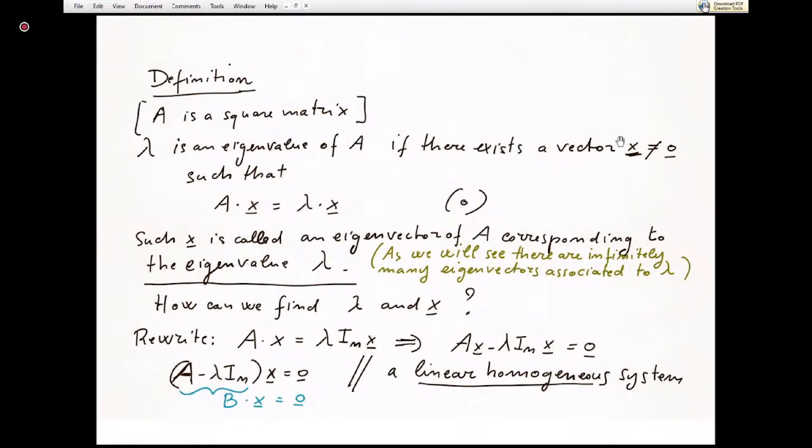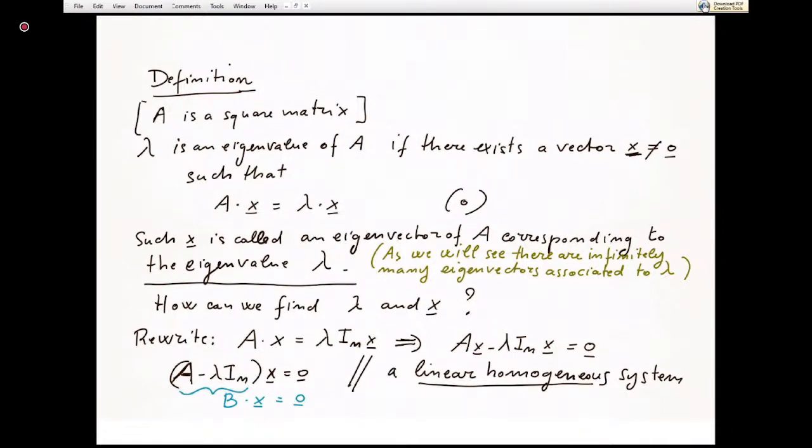We neglect vectors x equal to 0 for a simple reason. If you take a vector equal to 0, this is 0 and this is 0. So it doesn't make sense to find out the eigenvalues of a matrix in the case of a 0 vector, okay?